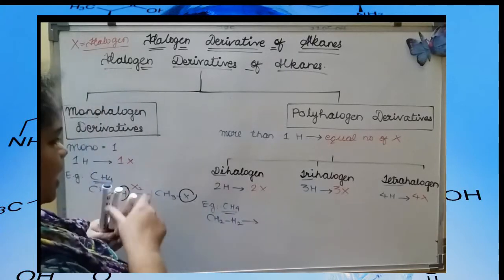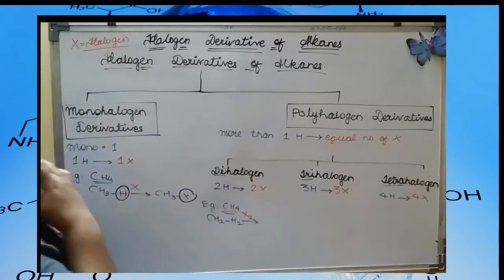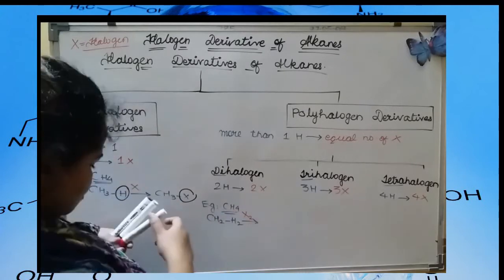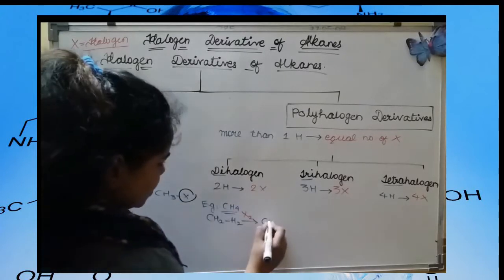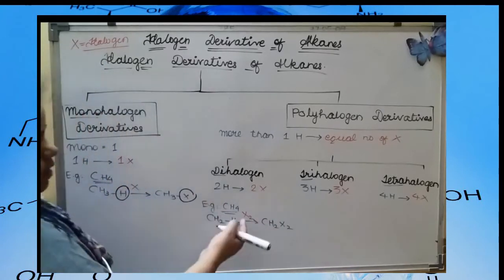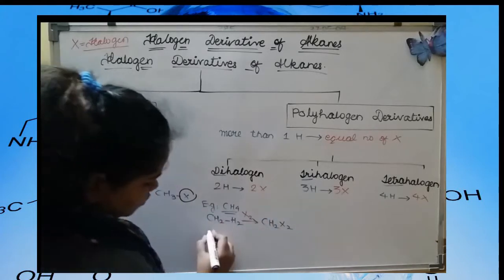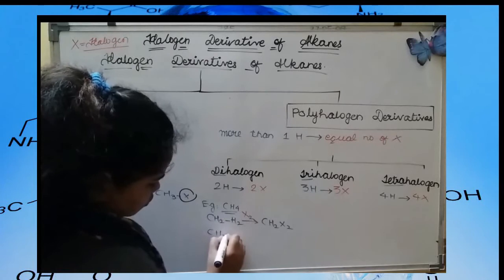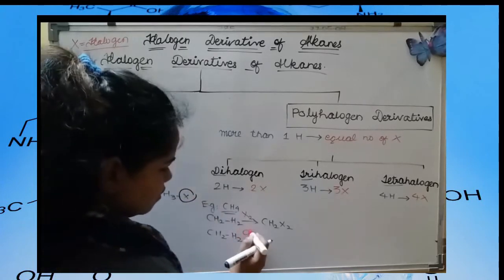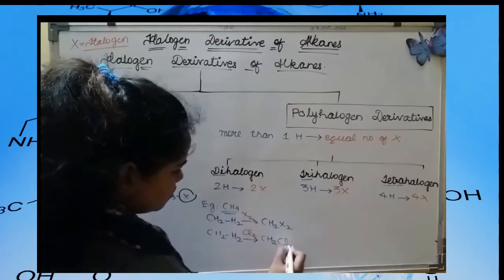After the reaction, if we add 2 moles of chlorine or any halogen group, what will be formed? CH2X2. If we replace X2 with Cl or any other halogen atom, we will get CH2Cl2.